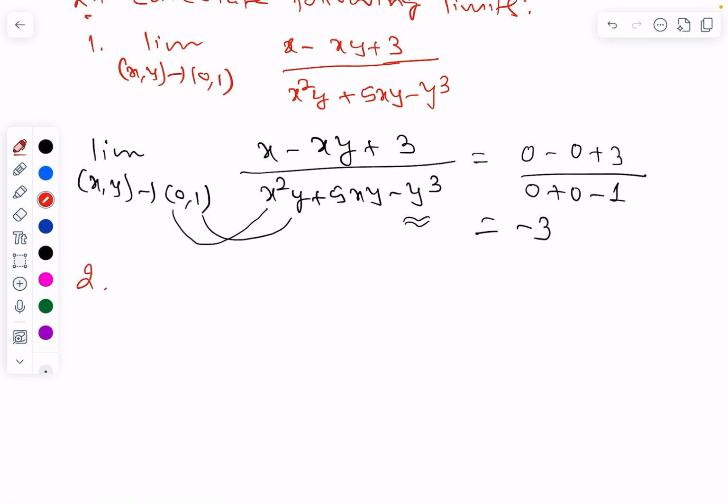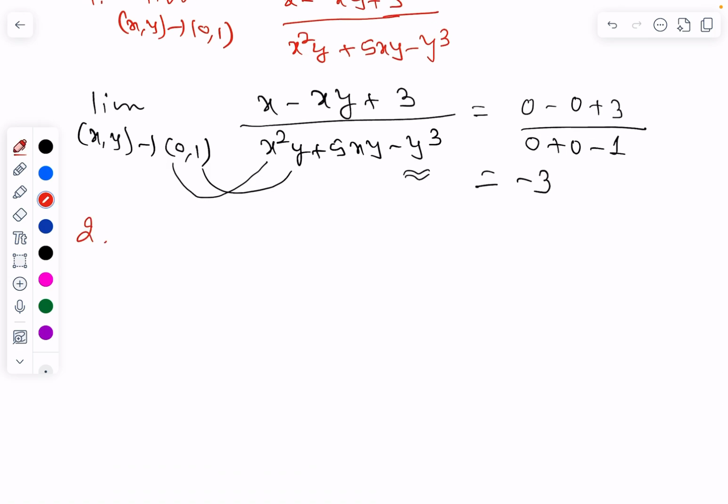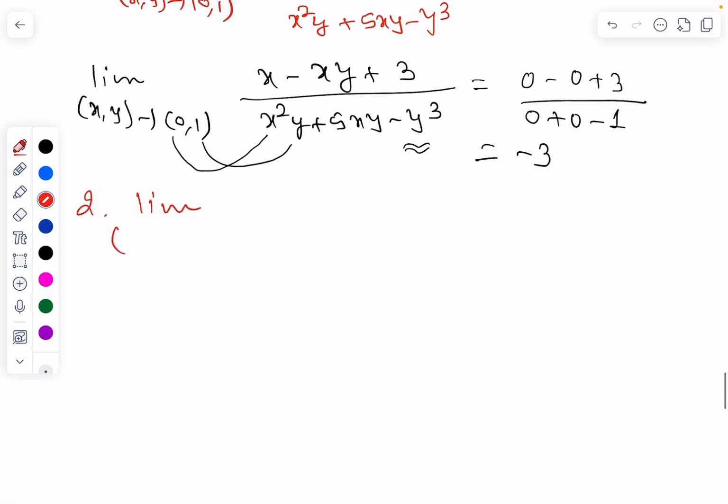Take another one. Limit (x, y) tends to (3, minus 4) of root of x square plus y square.